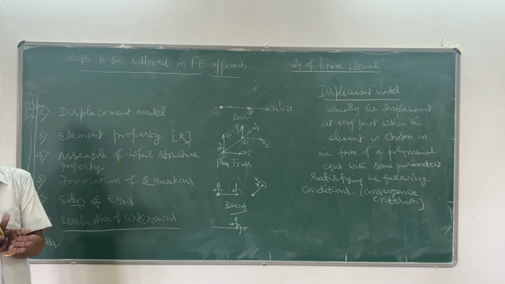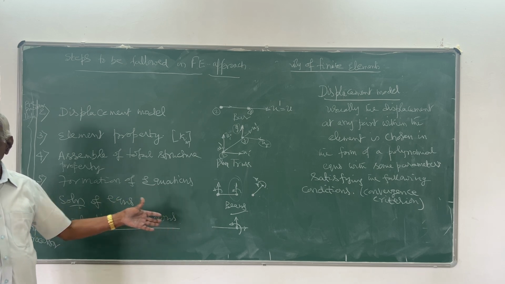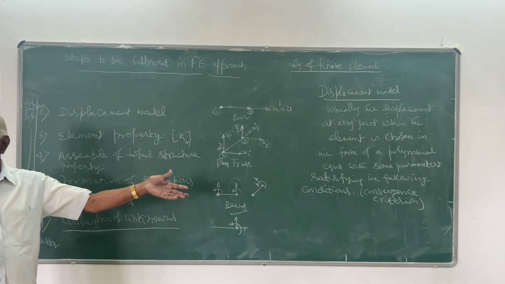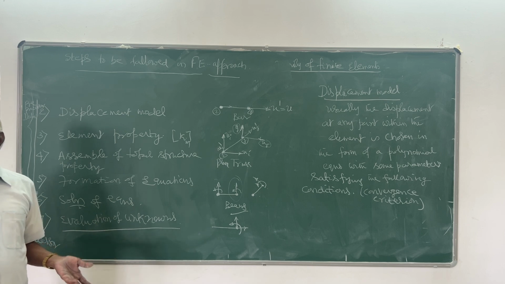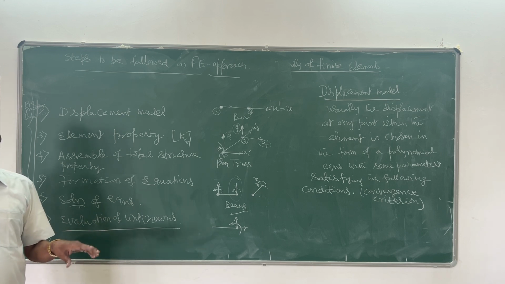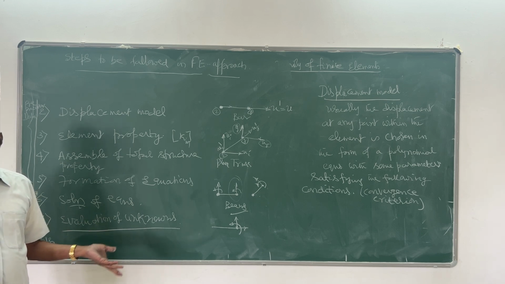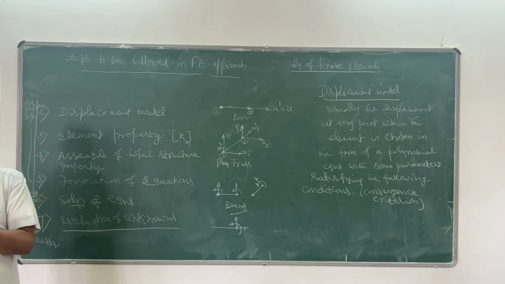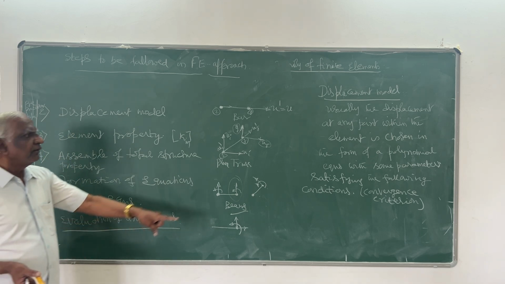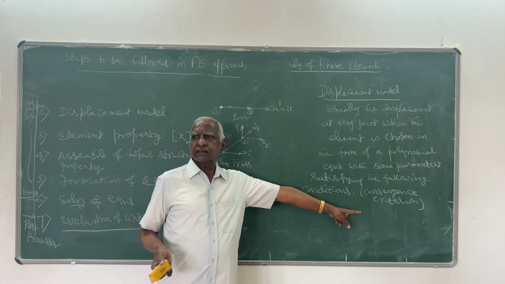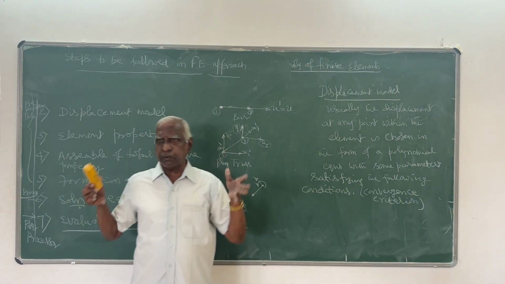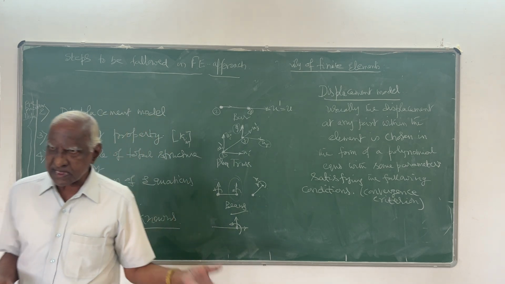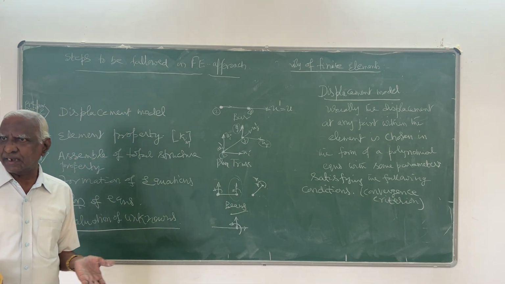The displacement you determine after choosing this model should be exact, or with little permissible variance from the exact results. To keep the solution within the limits, we have to satisfy certain criteria laid down in choosing the displacement model itself. That is called the convergence criterion.